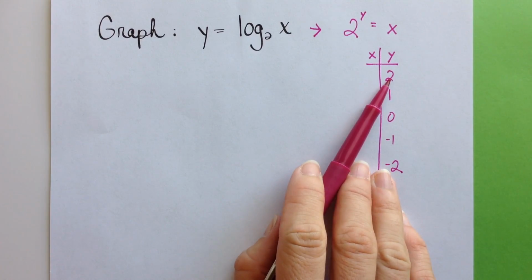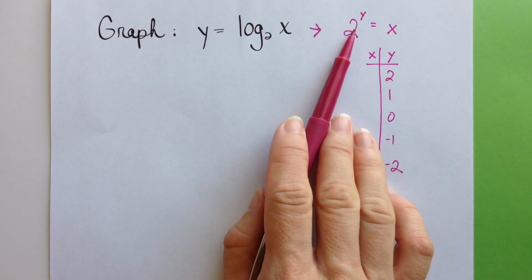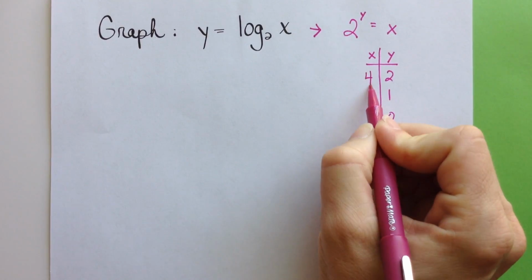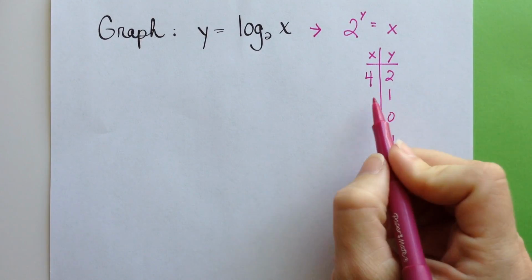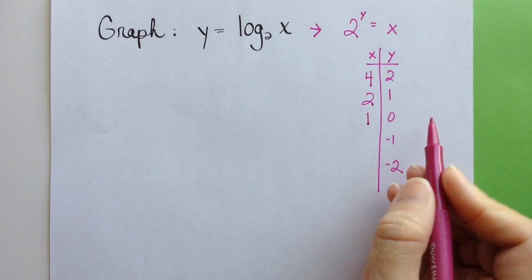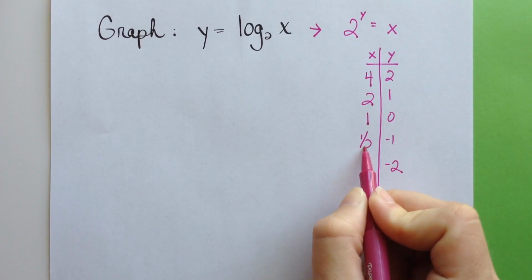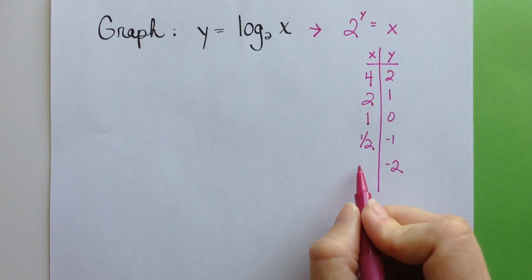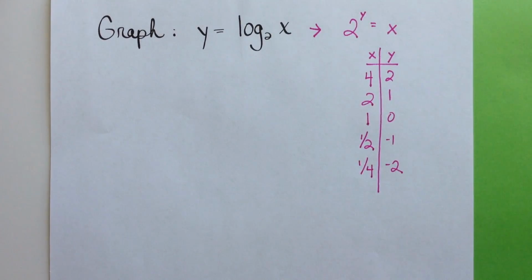Okay, so now I substitute 2 in for the y, so 2 to the second power is going to give me 4. 2 to the first power is 2. 2 to the 0 is 1. 2 to the negative 1 is 1/2. And 2 to the negative 2 is 1/4.